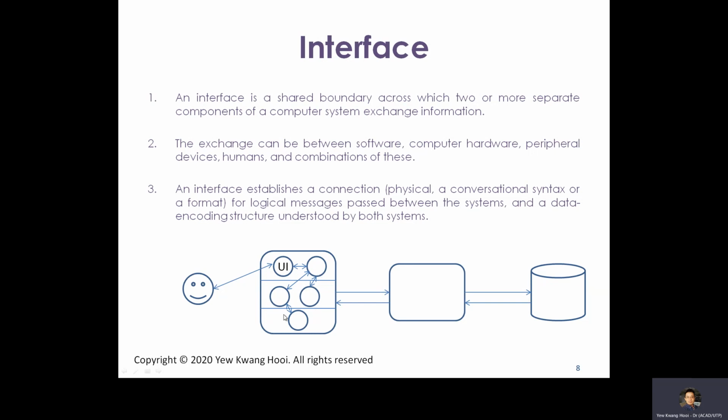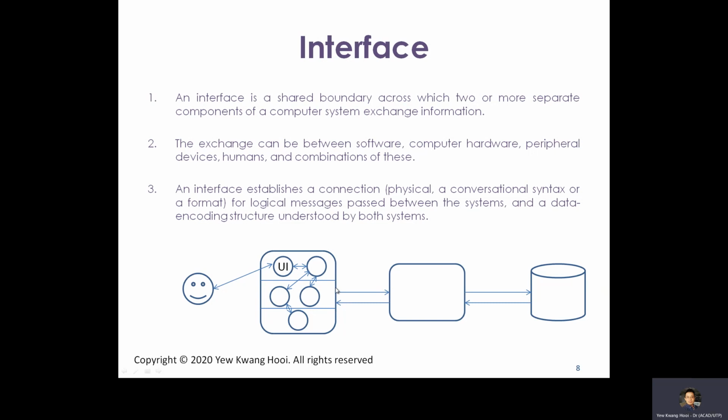All right, following? So you can see that between human and subsystem, subsystem with another subsystem, and business logic with the database management system. Yeah, so all these are interactions. All these are interfaces. Interfaces allow interaction.